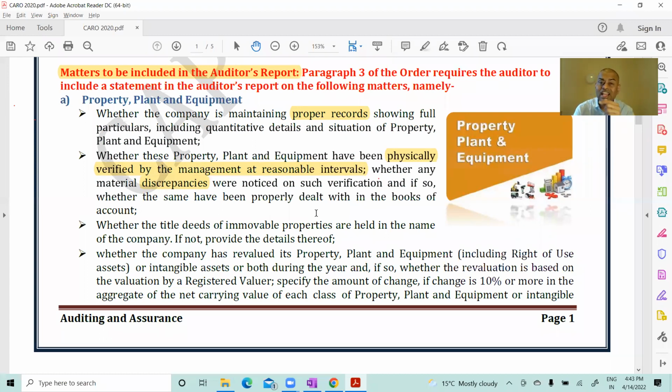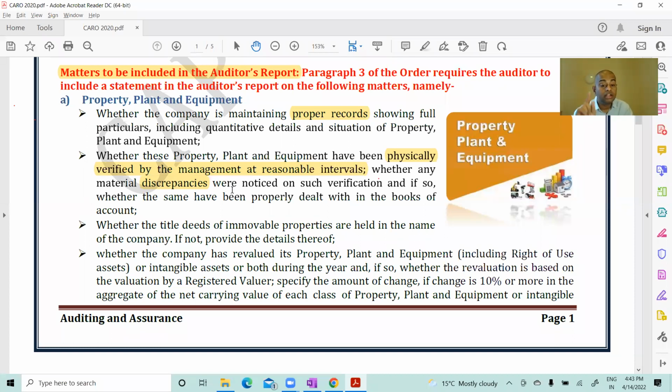For discrepancies, inventory 10% is there, fixed assets 10% is not there. Please observe inventory. Second point, discrepancy between book balance and physical balance of more than 10% for every class of inventory. That is in the second point.